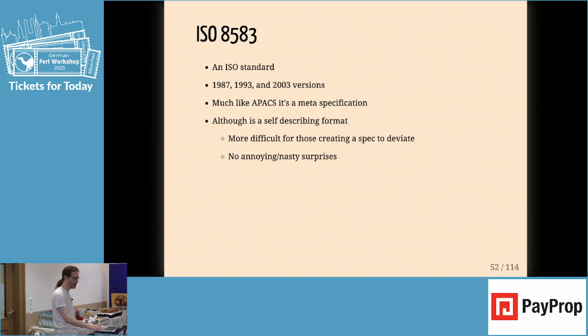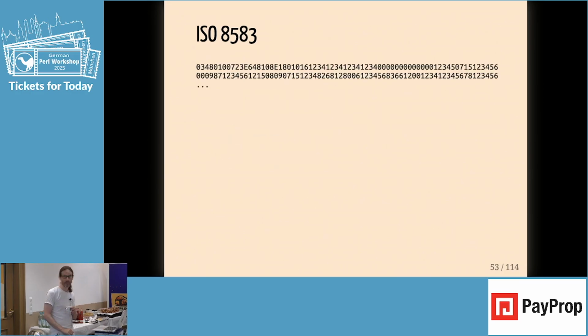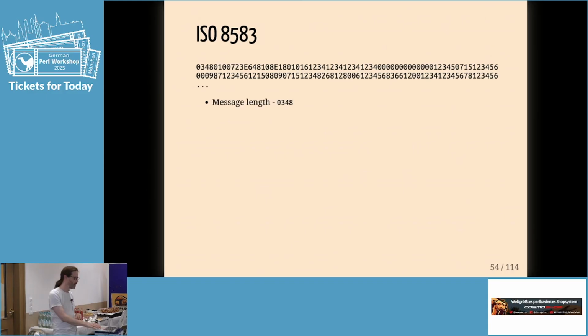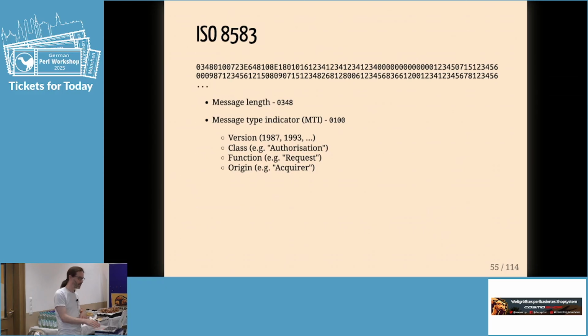What I mean by that is this example here. I've truncated this quite significantly. I think it was 5 or 6 lines long. But the first part of the message has the message length. Then we have 4 characters to describe what the message is. So this is the version. It's an authorization request going to the acquirer.